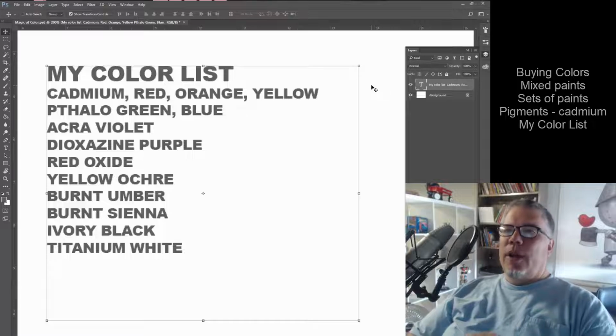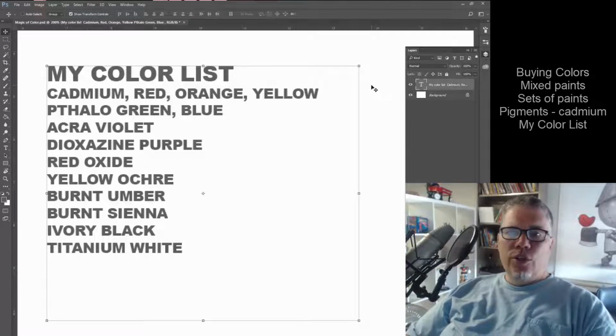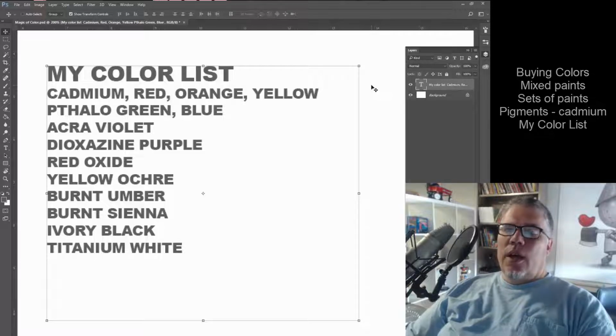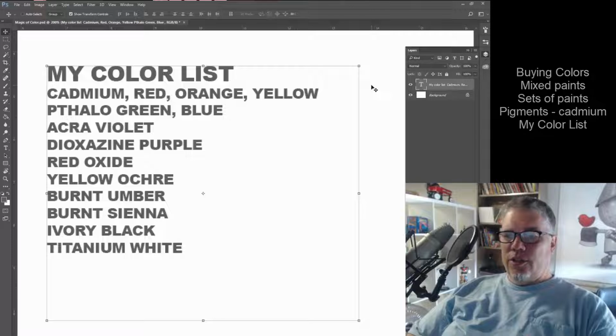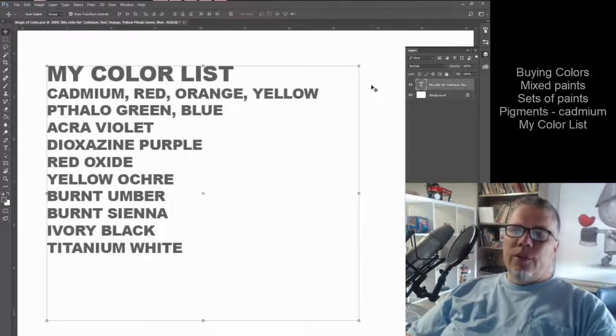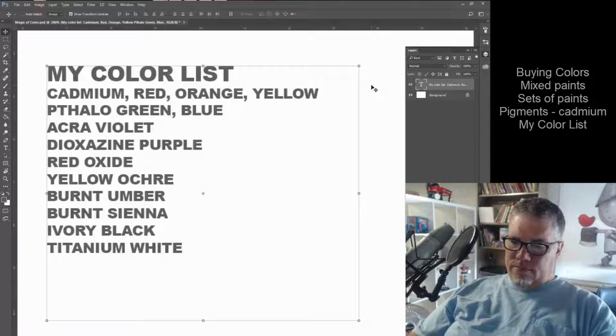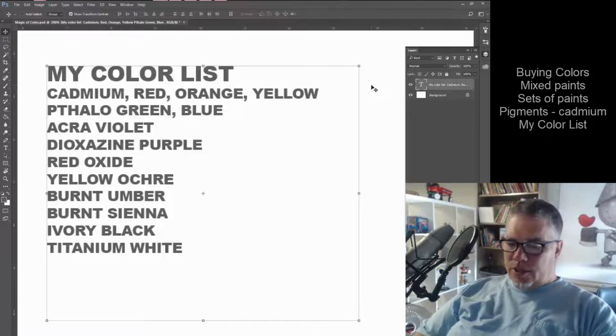The only time, though, that I would say you should maybe buy pre-mix is if you're doing huge paintings, murals, big huge canvases where you need a lot of one color and it's just more economical and it's just easier for you to get really close to the colors you're looking for with the pre-mixed ones. But other than that, if you're doing illustrations on your desk, I would say this is a good place to start. This is a good list.